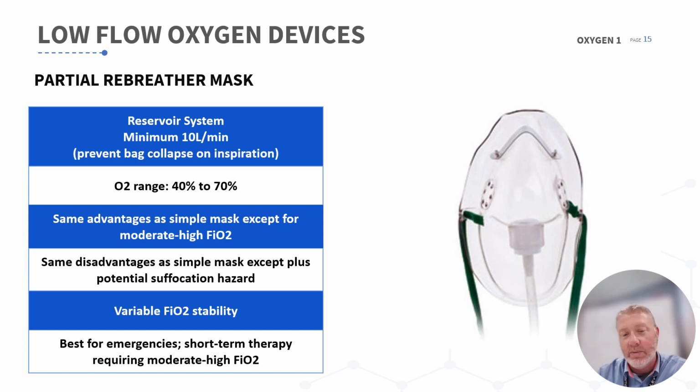Usually you do a minimum of 10 liters per minute for the flow, or just crank it to 15, or even flush the flow meter if you have a Thorpe tube. I steer clear of teaching about simple masks, but you'll probably see them more in the field than any RT would in a hospital. So it's important to have just a general idea of them.